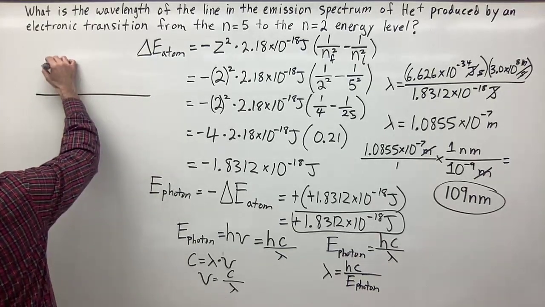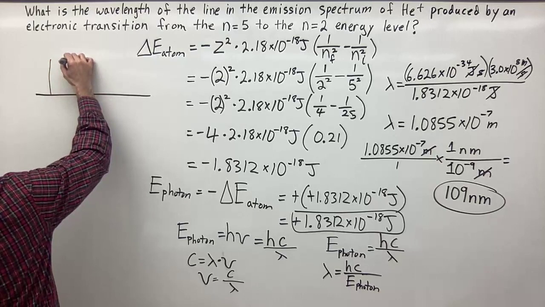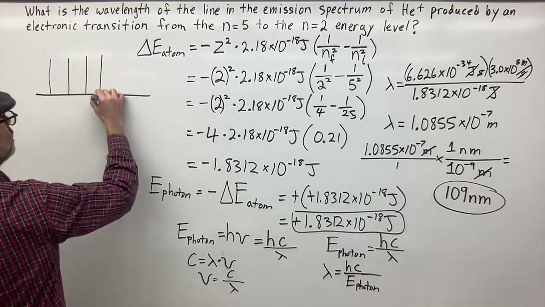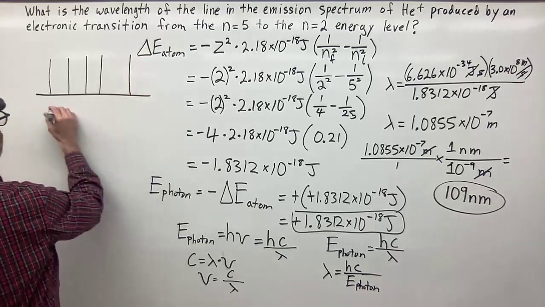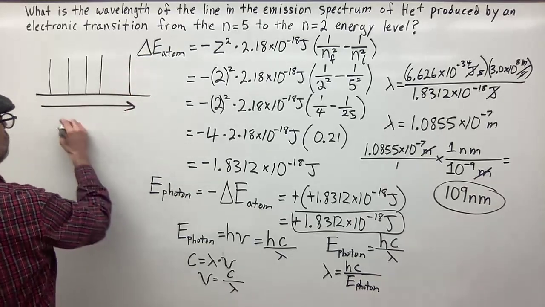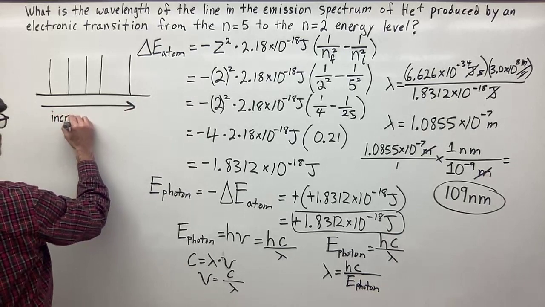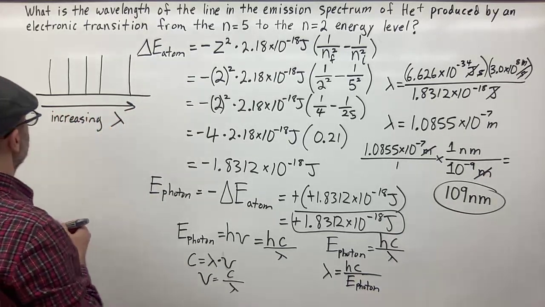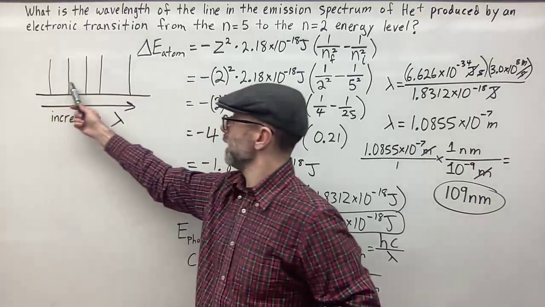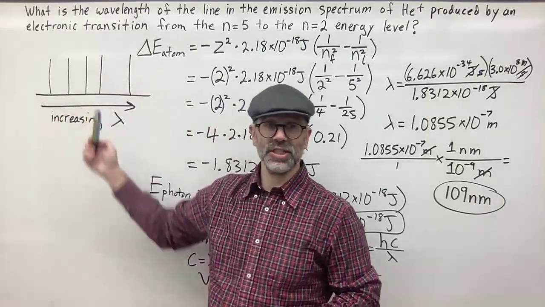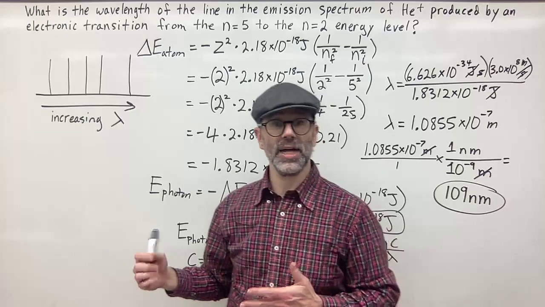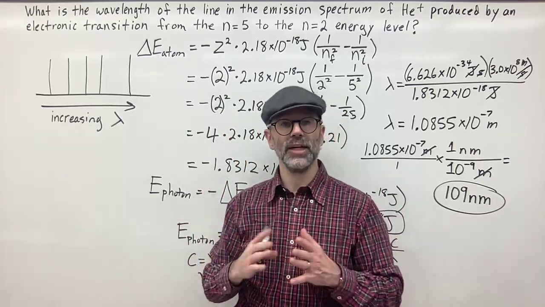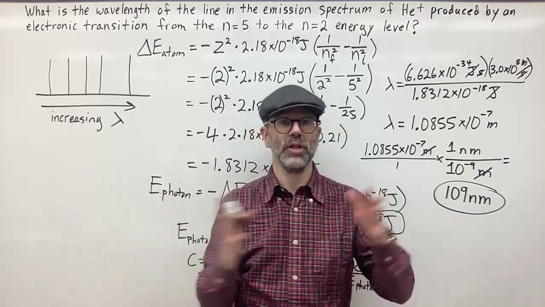Basically, the emission spectrum gives you bands of light at different wavelengths, so increasing wavelength. So each band of light represents a wavelength of a photon that was emitted due to the transition of an electron from one energy level to the other.